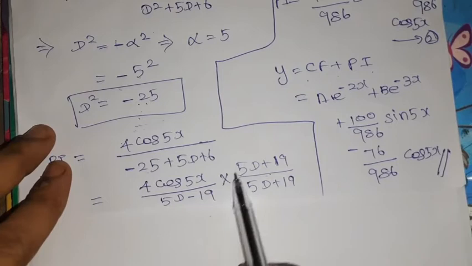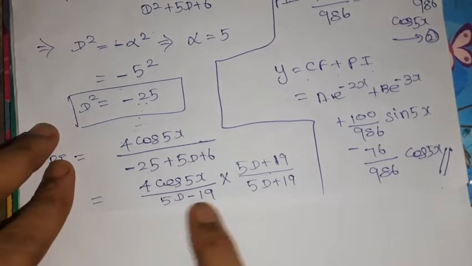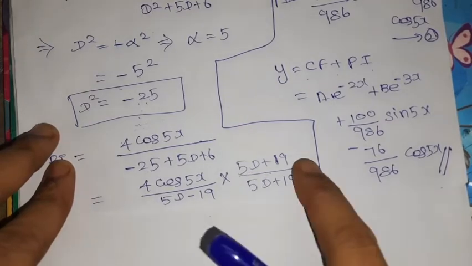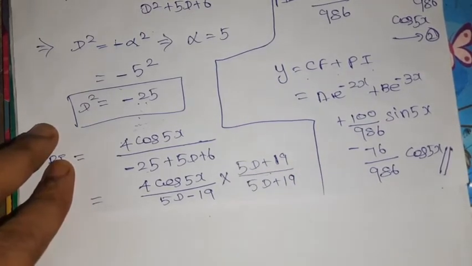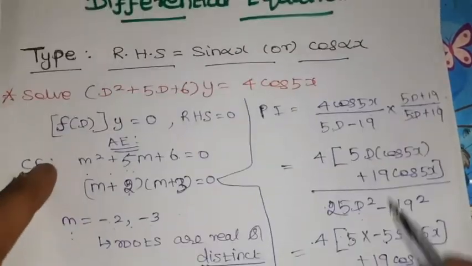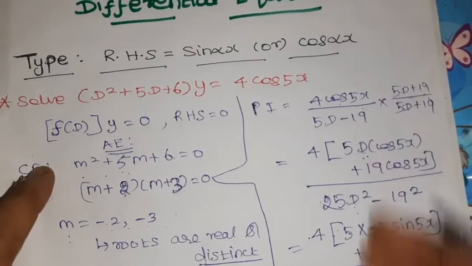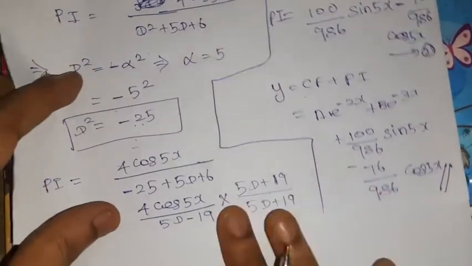For that we need to cross multiply by 5D plus 19 in both numerator and denominator as well. Then substituting again, D denotes differentiating. By simplifying, we will get the solution for this problem.